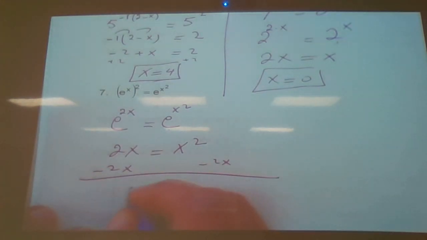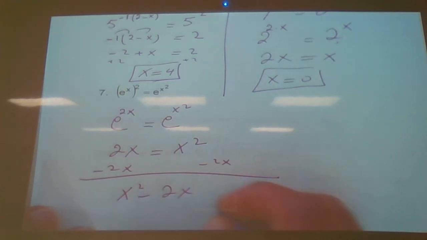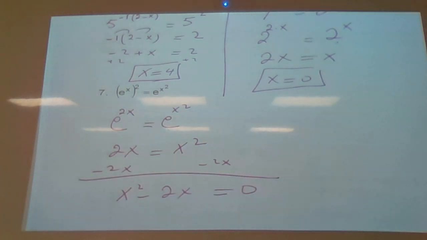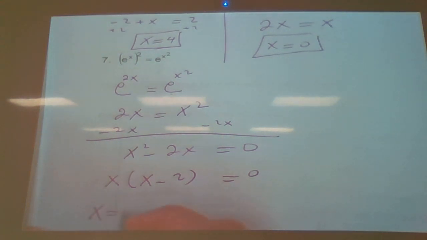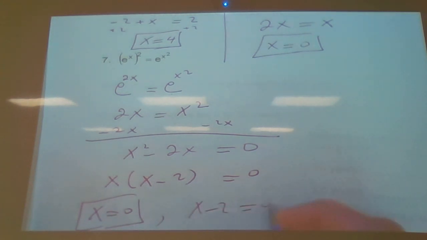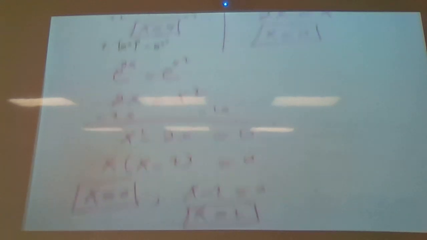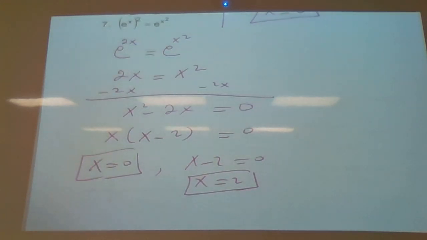So we're going to have to solve x squared minus 2x is equal to 0. This one we can factor an x out and solve each factor. This factor, x equals 0, that's one solution. The second factor, you set it to 0, x equals 2 is the second solution.